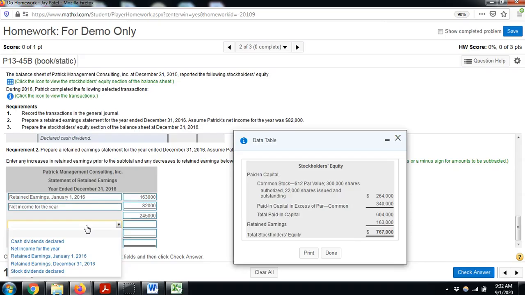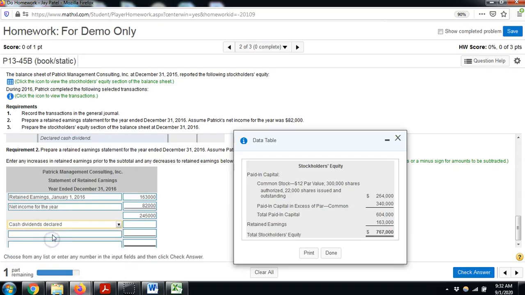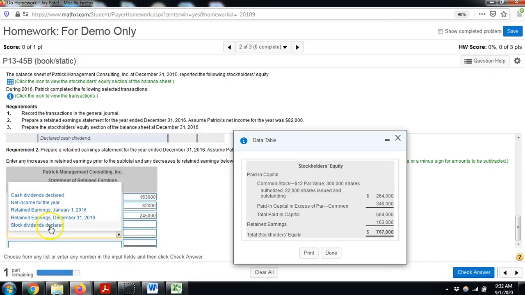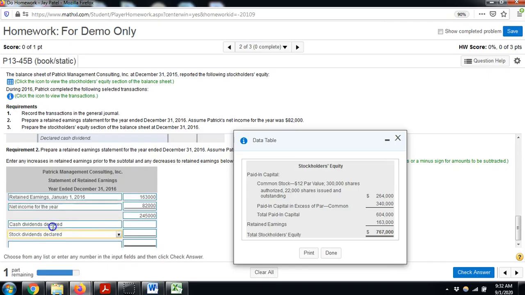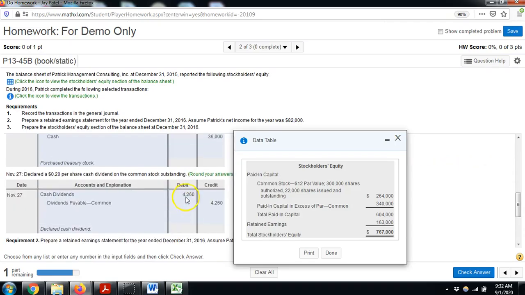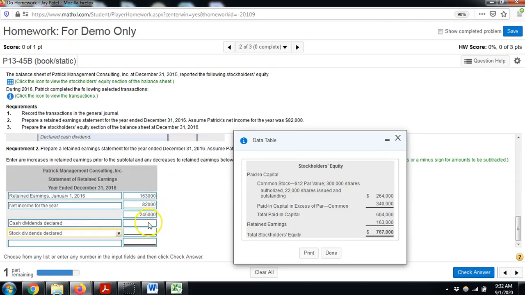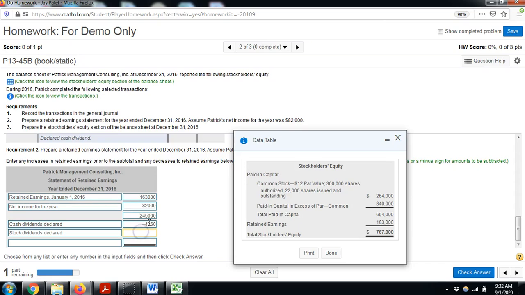Okay, now we have to account for our dividends. So we had cash dividends, and we also had stock dividends. And so the amounts, we had 4,260. Let me use parentheses.